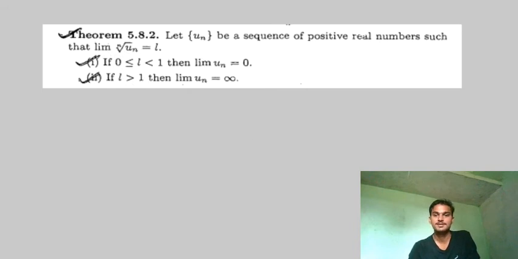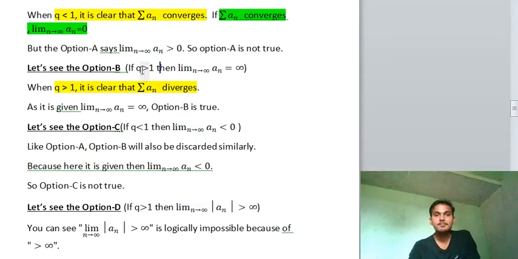So here the limit of n to the power 1 by n is greater than 1, so the limit of the sequence n is equal to infinity. You can use this theorem to know that option B is true.